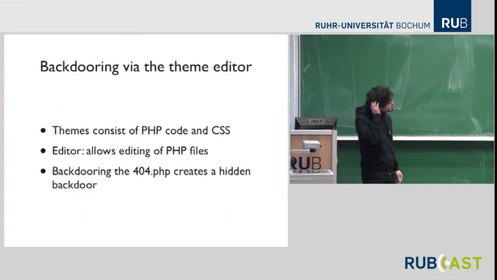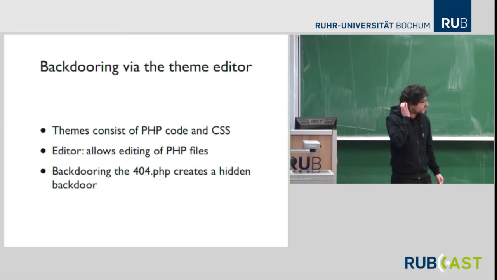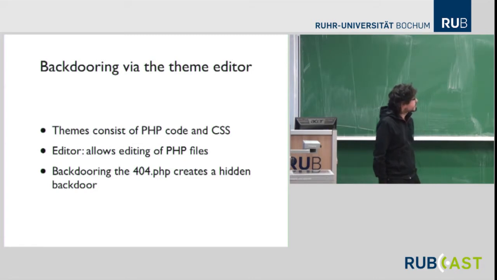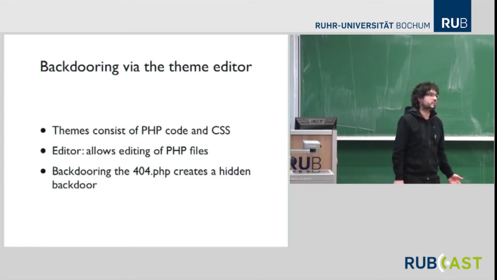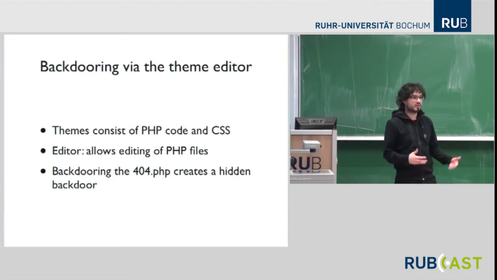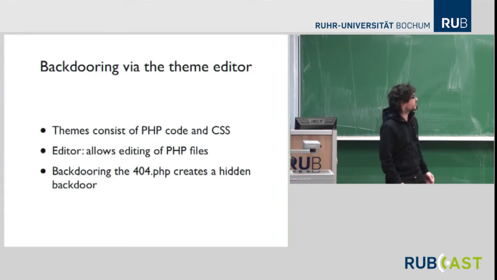So I thought, there's various things that you can do, but my favorite one is to backdoor 404.php, because themes in WordPress are not just static HTML, but they are very flexible. They are PHP and style sheets, of course, which means that the theme editor, since it edits themes, and themes are made out of PHP scripts, it edits PHP scripts.